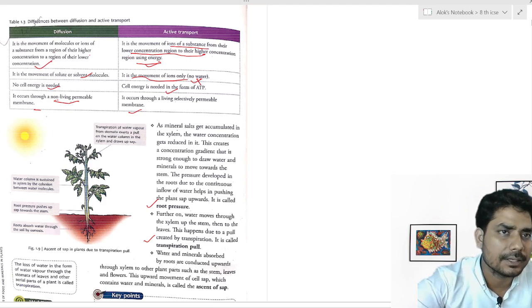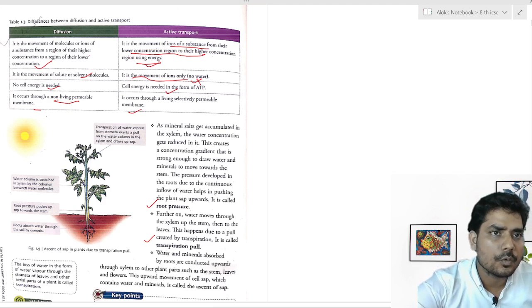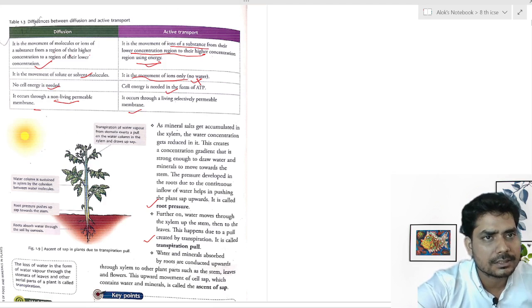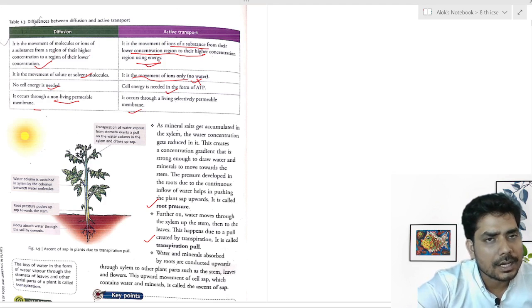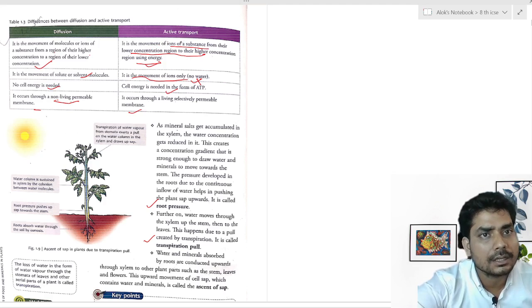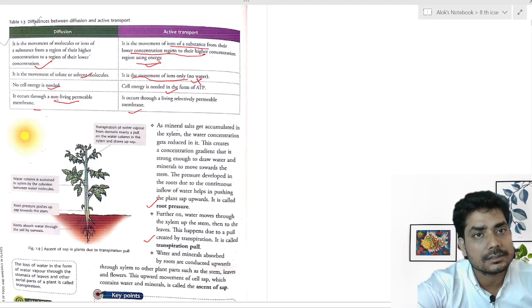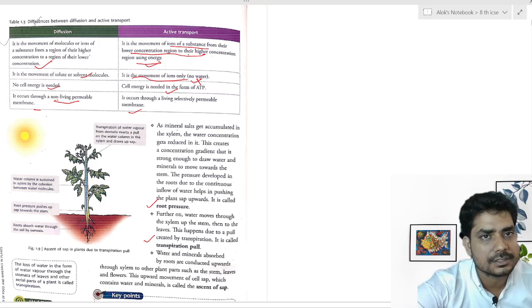Diffusion is the movement of molecules or ions from a region of higher concentration to a region of lower concentration. But active transport moves molecules or ions from a region of lower concentration to a region of higher concentration with the help of energy.